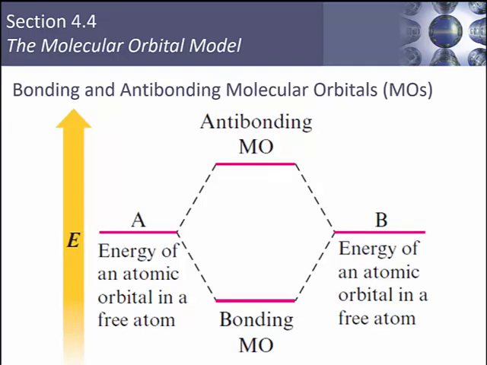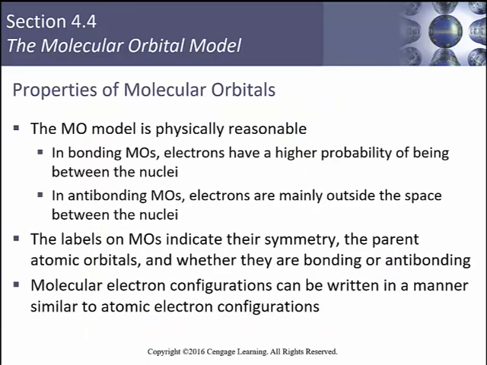So when we combine these, we've got the s orbital from one hydrogen and the energy of the atomic orbital from the free atom on the other side, and we will form both an antibonding, higher energy, destructive interference, and a bonding, lower energy orbital that we call the bonding orbital. So you've got a bonding and an antibonding, a sigma or a sigma starred. The MO model is physically reasonable.